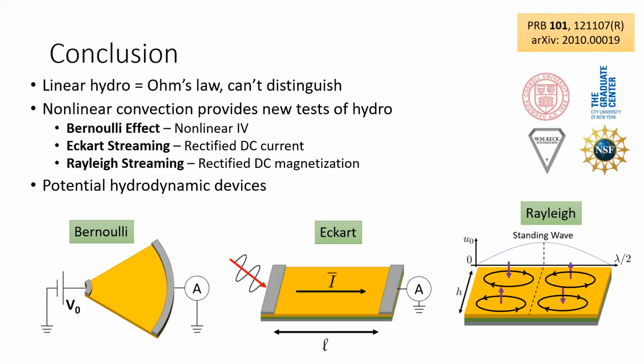All these proposals require some pretty large currents, and so graphene is just the easiest to observe some of these effects. Are there further questions?